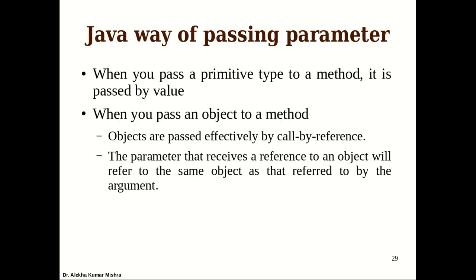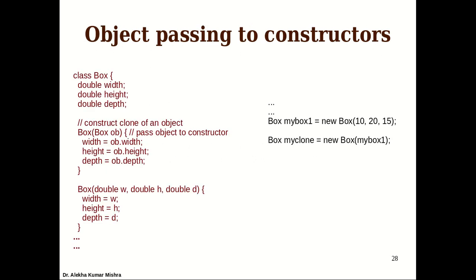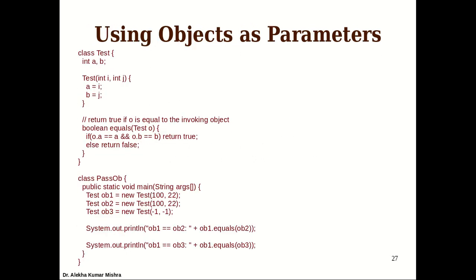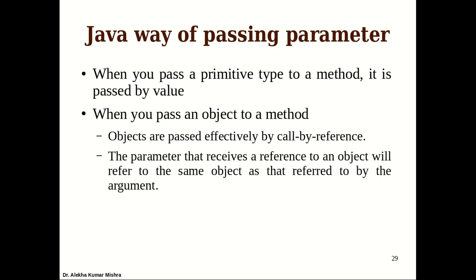So we have seen we can pass objects, and we can pass primitive types. Now Java doesn't support the pointers concept, but Java still has the concept of pass by value and pass by reference, or call by value and call by reference.